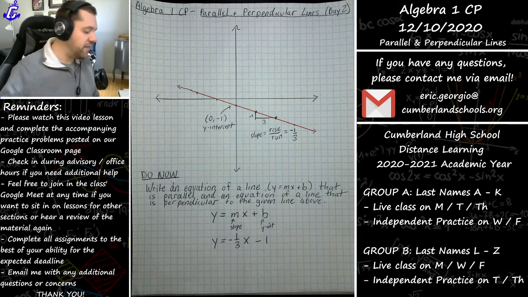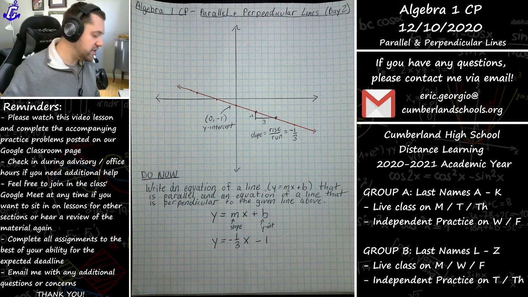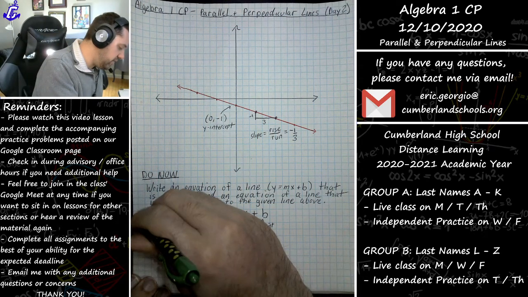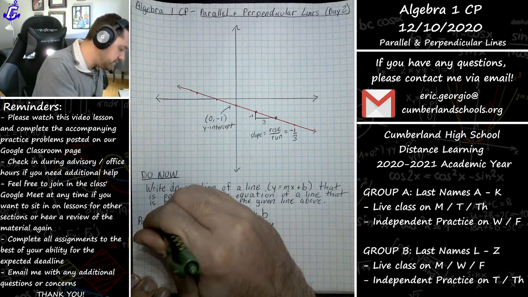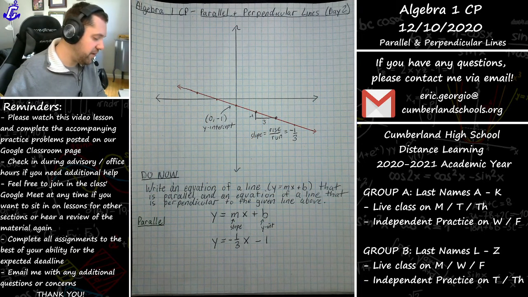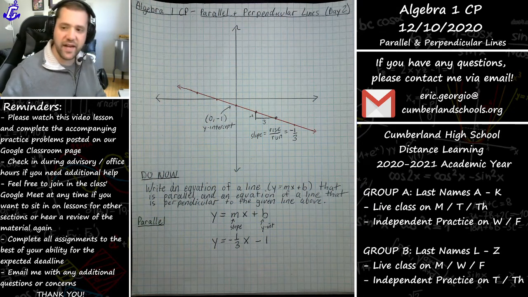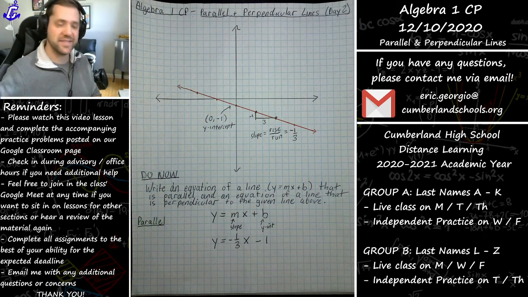Now, how do I find something that's parallel to that? To find the equation of a line that's parallel, I'll do that in green over here, to y equals -1/3 x minus 1. I recognize parallel lines have the same slope.